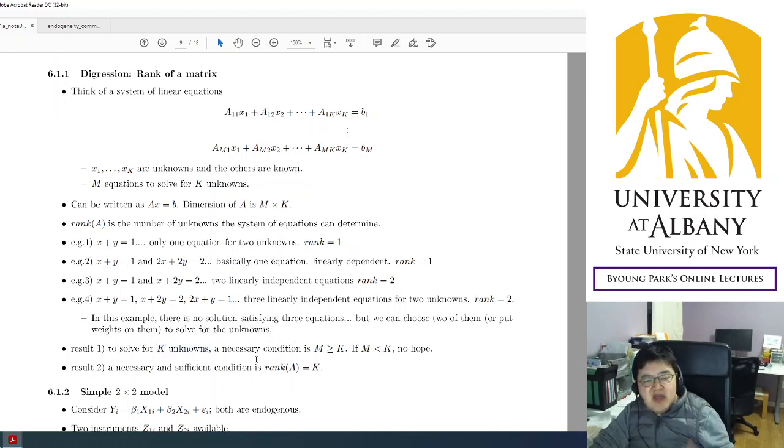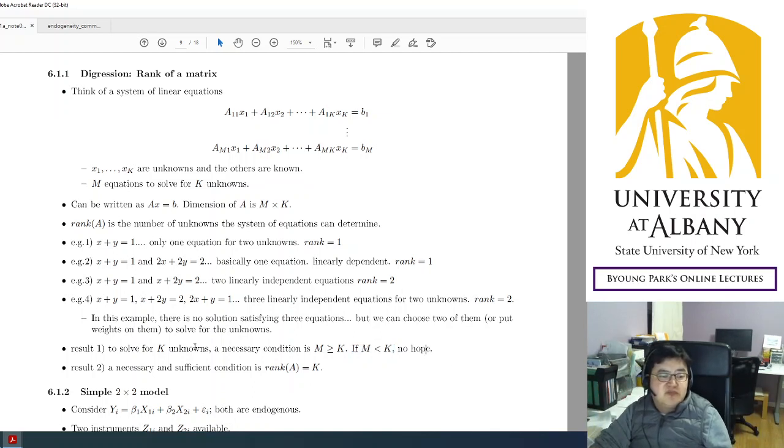Then, intuitively, a necessary condition for the solution is that you have k number of equations. So if you have two unknowns but only one equation, then you cannot do anything. If the number of equations is lower than the number of unknowns, there is nothing you can do. So you cannot determine anything.